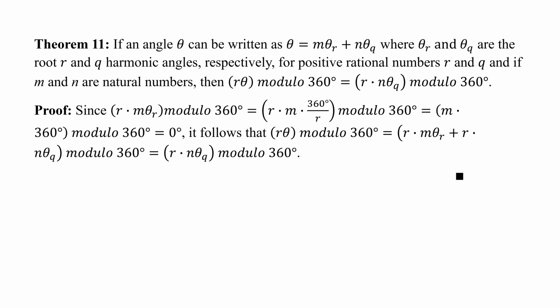So when we calculate the thing modulo 360, there is no non-zero remainder for this term, and we're just left with the second term, which will be r times n times theta sub q modulo 360 degrees. So that first term essentially got canceled out.